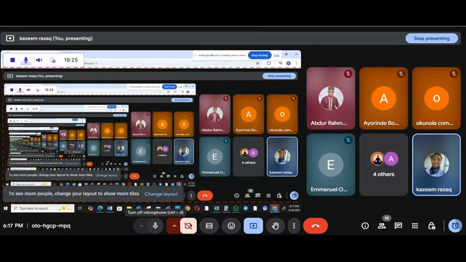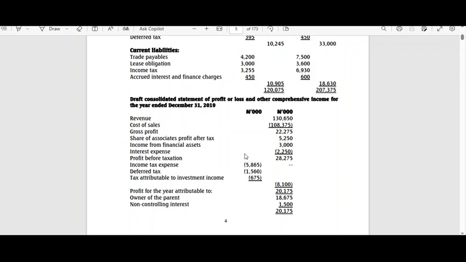So, as we were saying, profit before interest and tax, or you use profit after tax, or profit before tax, anyone you use is right. If you are using profits after tax, that means you are adding back the tax, you're adding back the interest, because that may not necessarily represent the amount you paid.